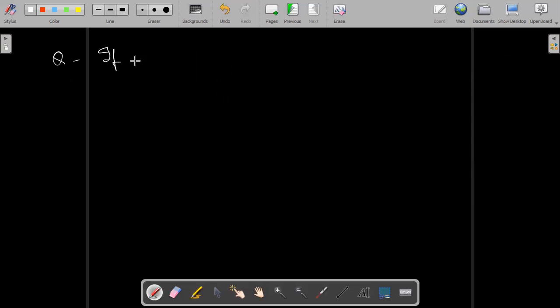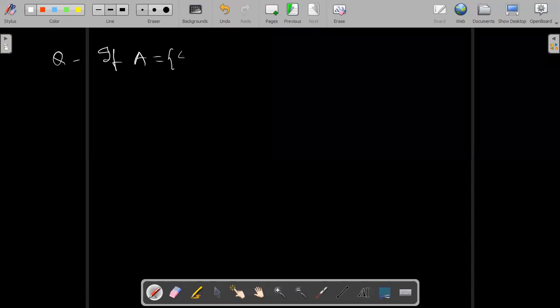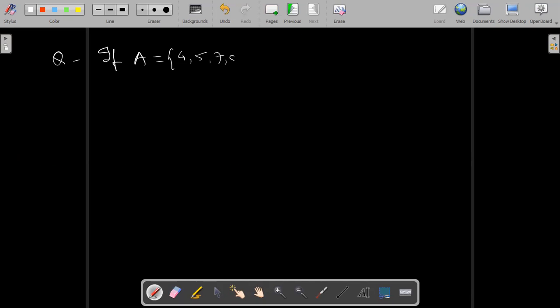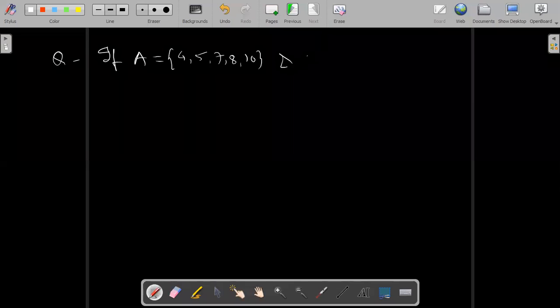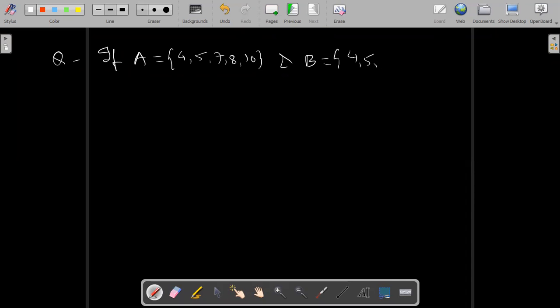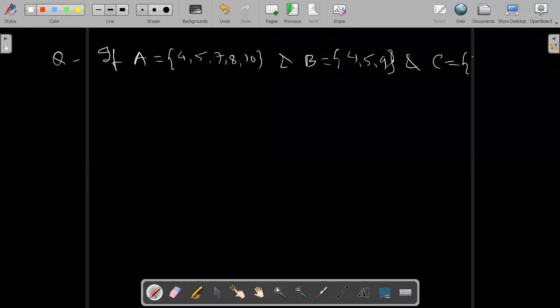If A is a set of elements 4, 5, 7, 8, 10, and B is a set of elements 4, 5, 9, and C is a set of elements 1, 4, 6, 9.